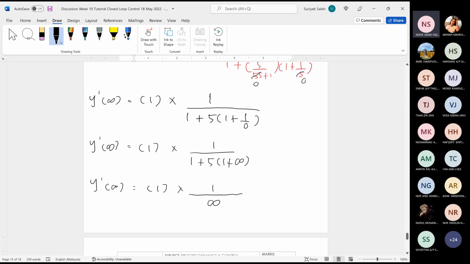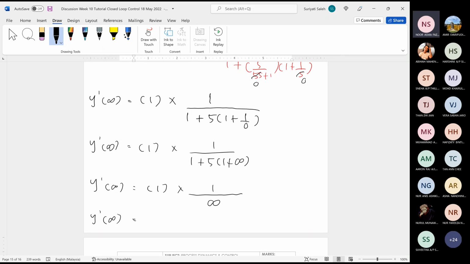So here, what is the value of 1 divided by infinity? Anybody? Zero. Not infinity, but approaching 0.